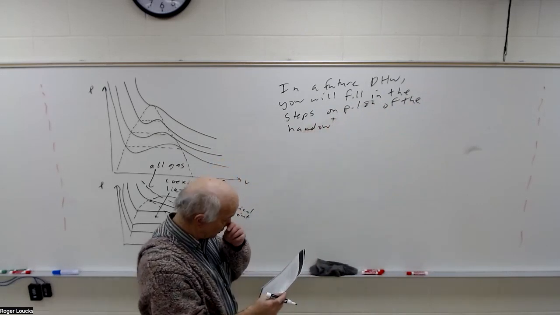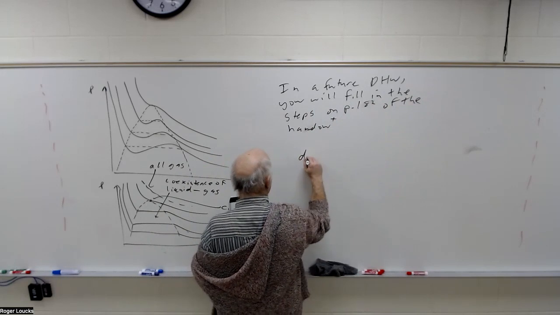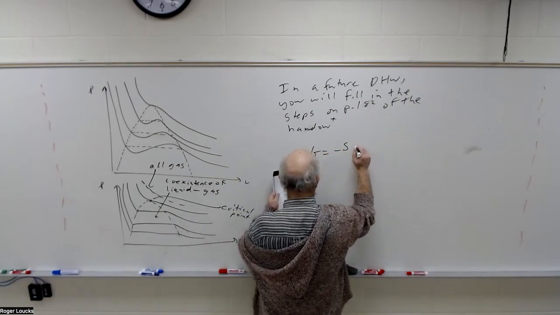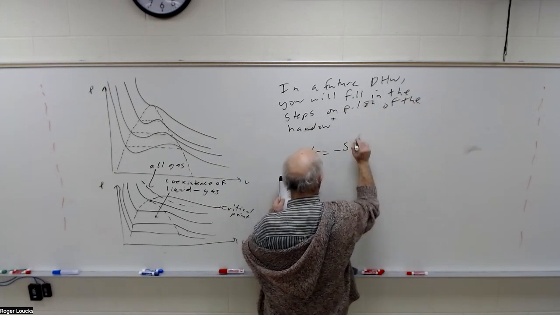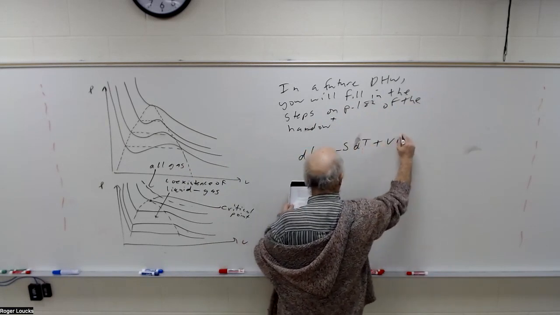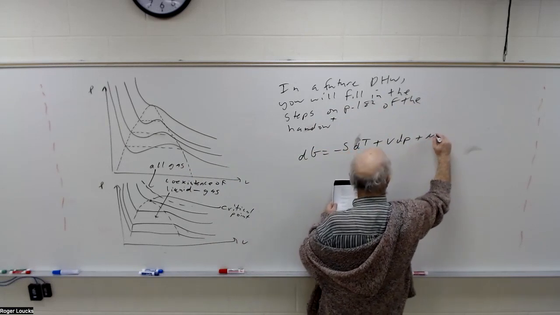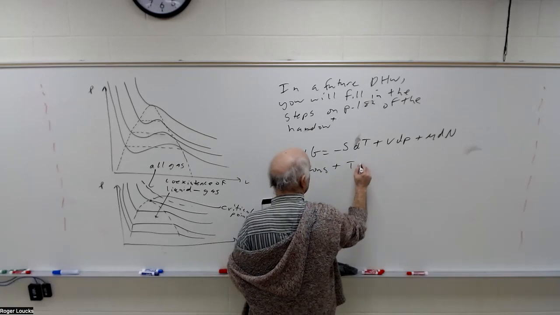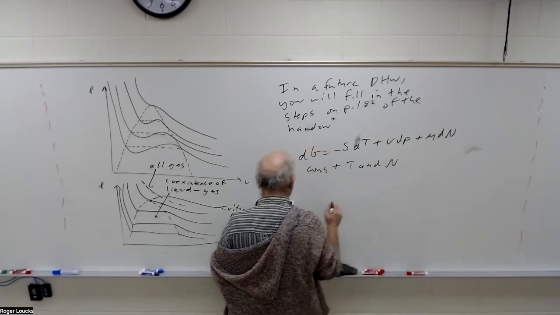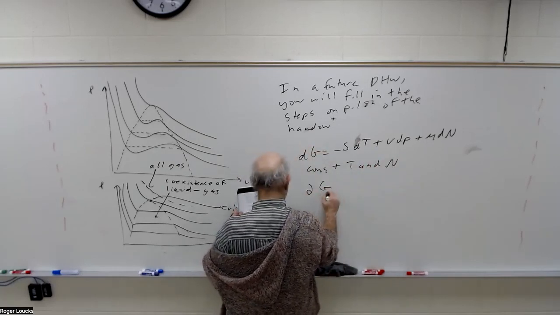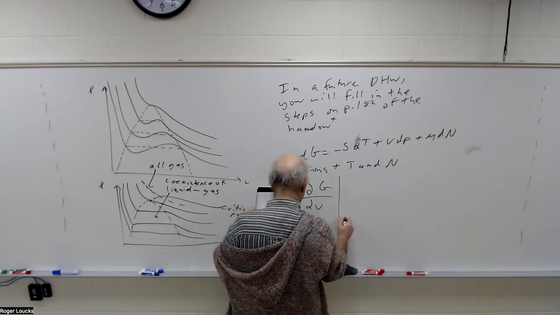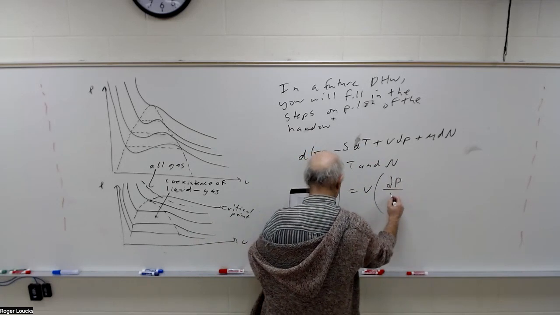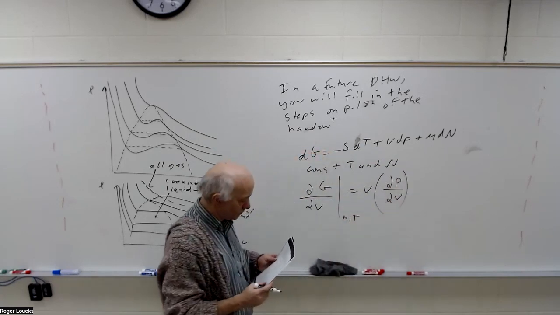Okay, so what he does here is the following. He says here's dG. He's going to take constant T and he's going to end up with this equation here. Okay.